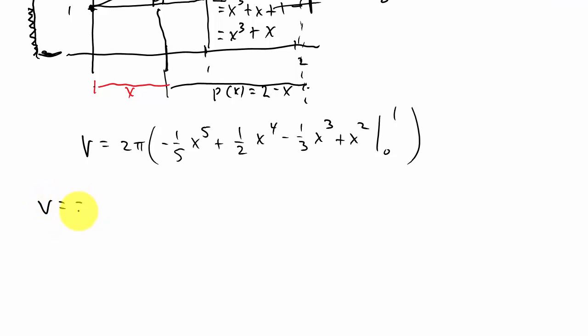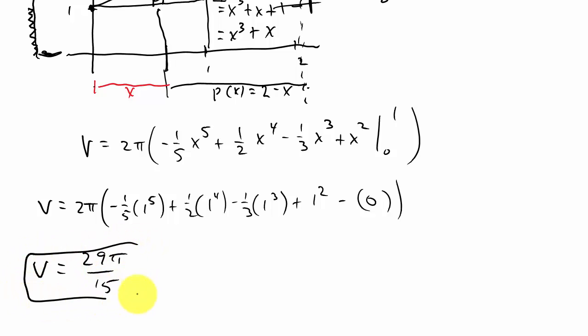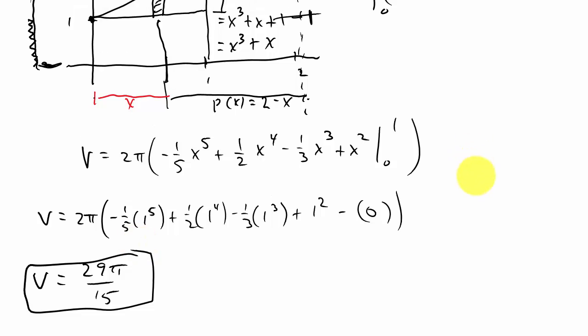So now when I evaluate that, that's 2 pi times, then I'm going to plug the 1 in. That's negative 1/5 times 1 to the 5th plus 1/2 times 1 to the 4th minus 1/3 times 1 cubed plus 1 squared, minus, and then when I plug the 0 in, you can see all that's going to go to 0. Okay, so the volume, once I calculate that, I get 29 pi over 15. Okay, and that's your answer.